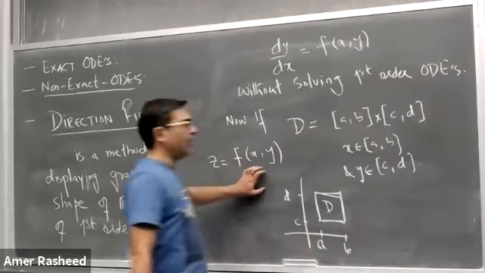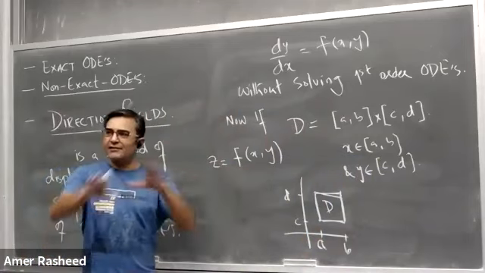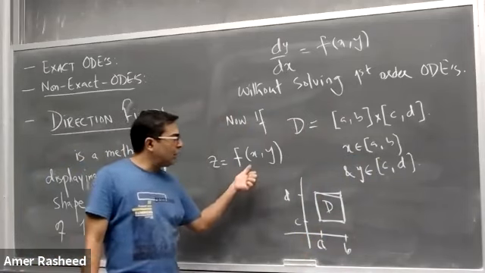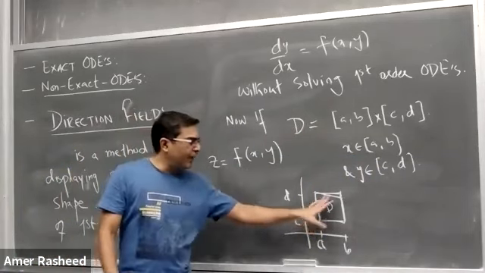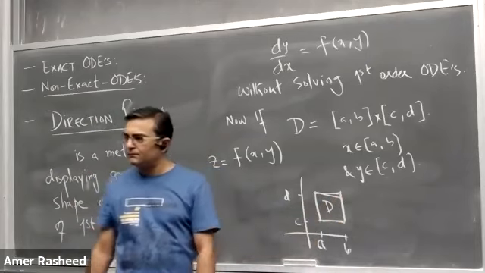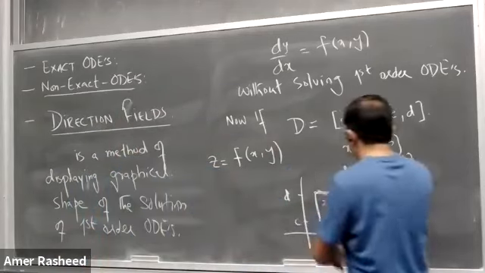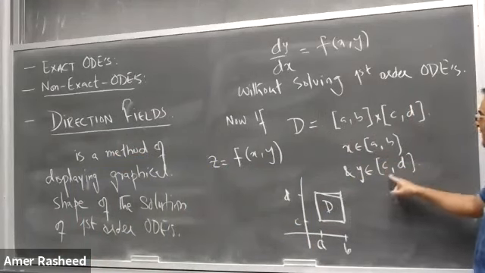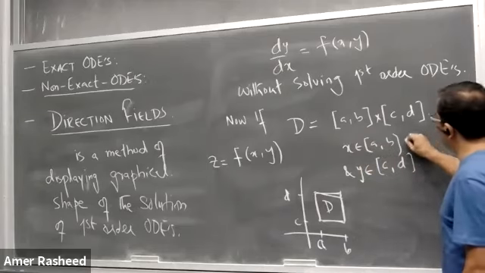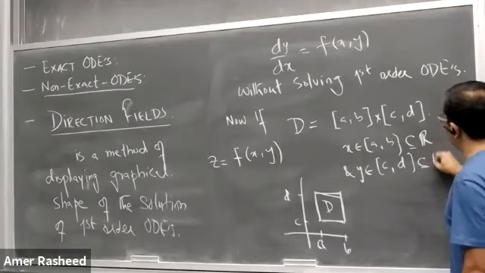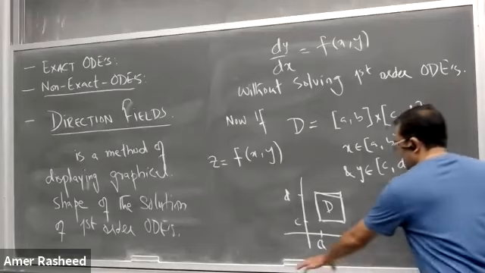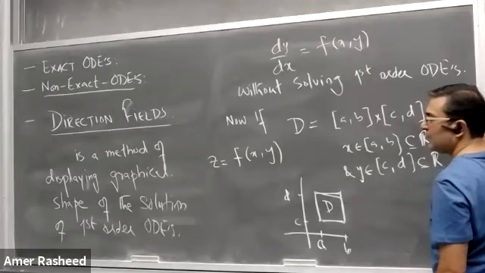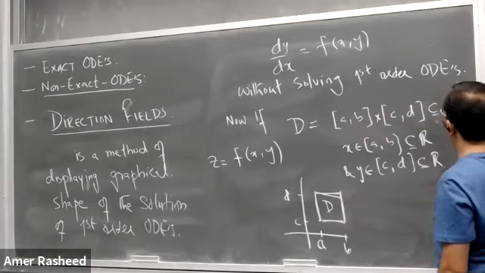So its graph will be a surface, not a curve. If you want to compute a surface, then your domain should be a two-dimensional domain. This is not a sphere, it is some kind of rectangular domain. It depends on the values of a, b, and c, d. These two intervals are subsets of real numbers, and this domain is a subset of R cross R, or R square.